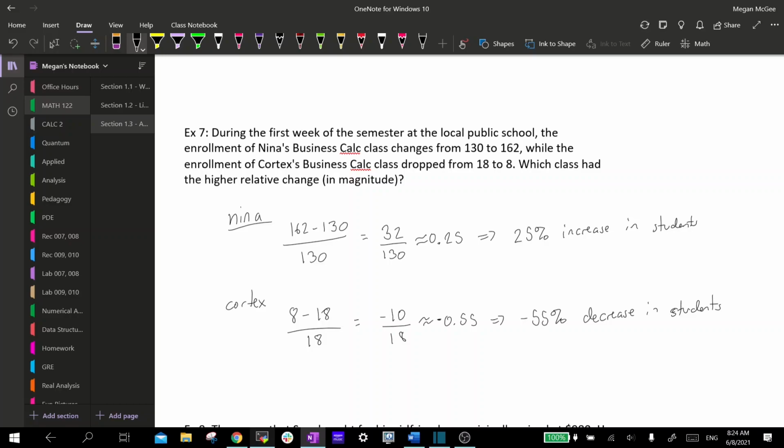The last part of this problem asks which class had the higher relative change in magnitude, and that means ignoring whether it's positive or negative, which number was greater overall. It's definitely our 55% here. So Cortex had the greater change in his class size.